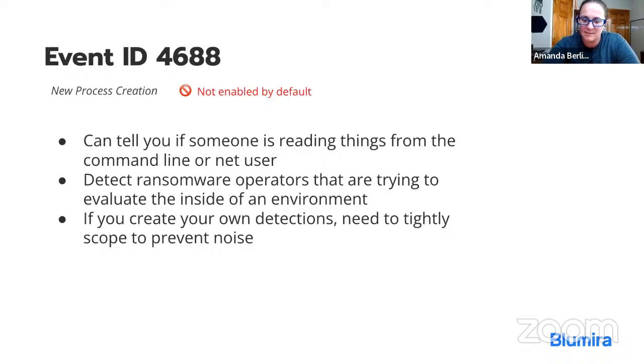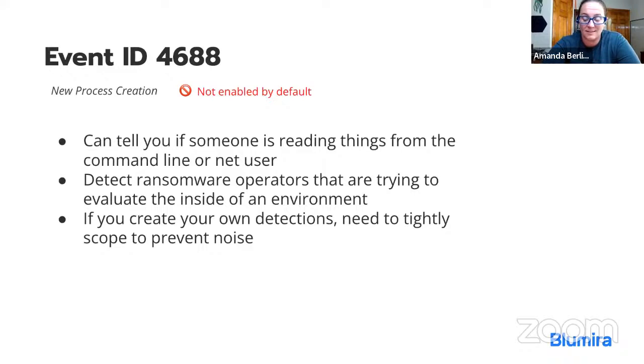You never had that visibility before. And 4688 was the first way that they offered that in a log file. Before any of that happened, you had absolutely no idea how you were compromised, right? You could not track anything down.